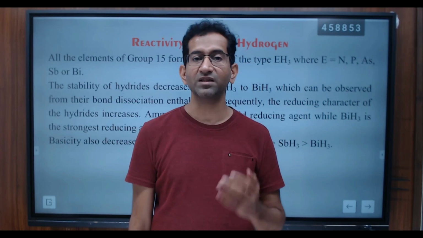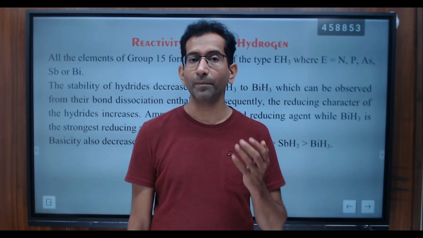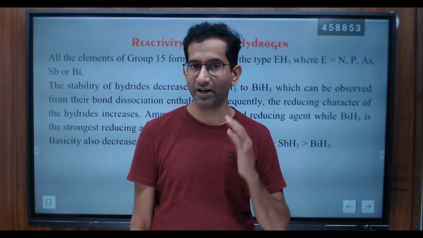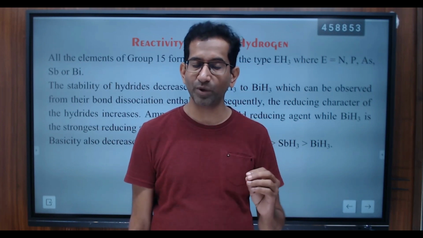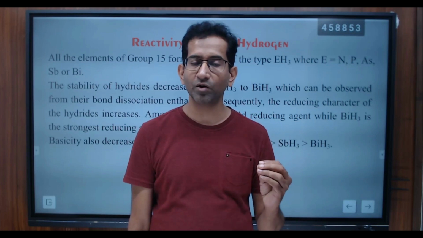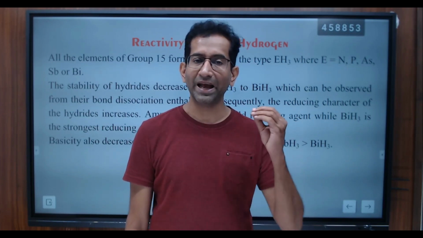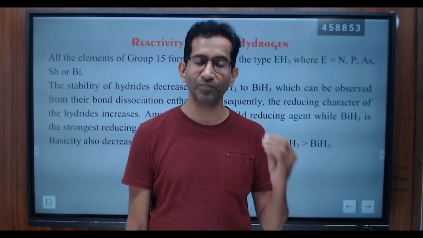So in that case PH3 has less tendency to share that electron pair, meaning PH3 is less basic as compared to NH3. So NH3 has its electron pair present in sp3 which has 25% s character, less electronegativity, more tendency to share the electron pair, and hence NH3 is a good base in nature.